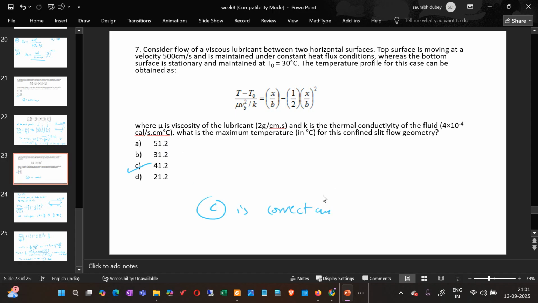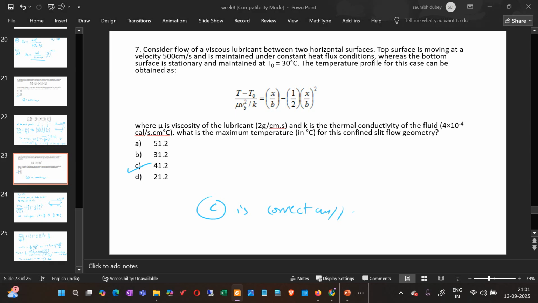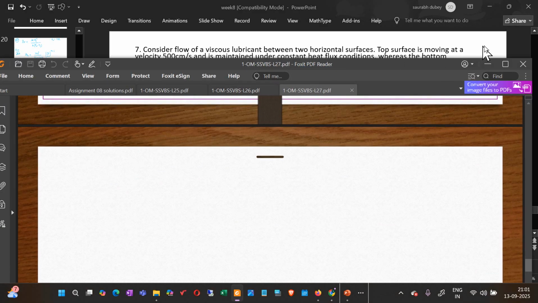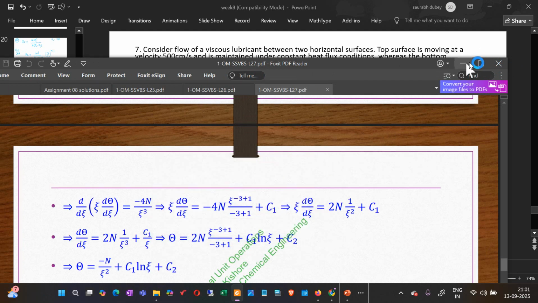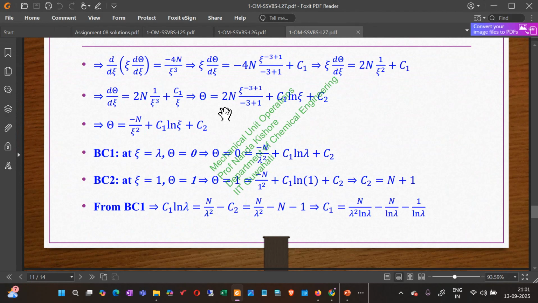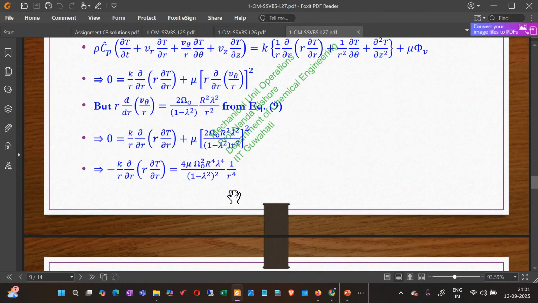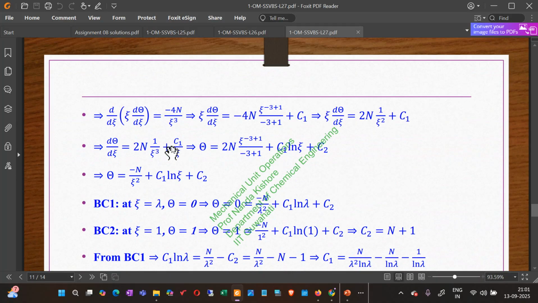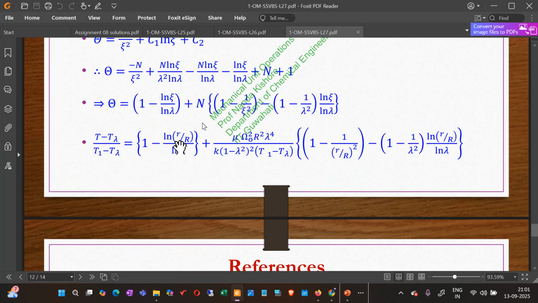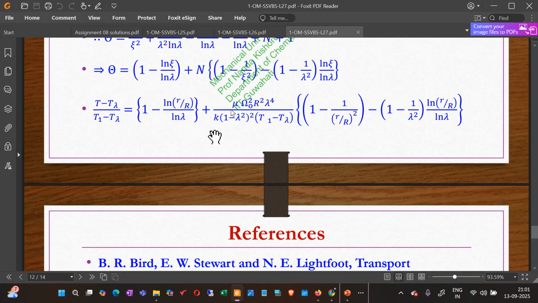Now the problems that we were discussing in the last lecture, the effect of curvature you had considered, and because of that, in the final expression of the temperature profile, r is coming into the picture.